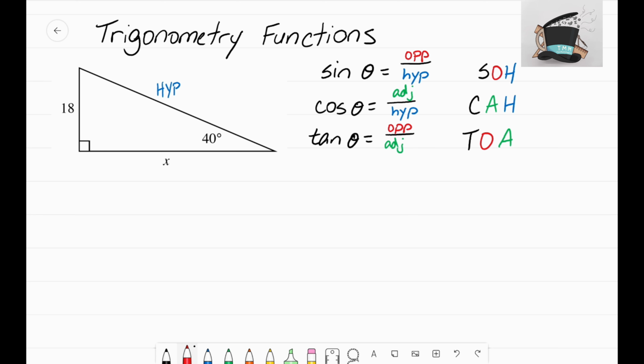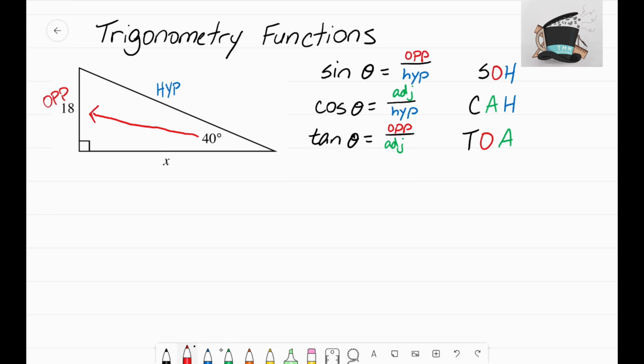So to find my opposite side, I always like to start where my reference angle is, and I draw a line that's going straight across to the opposite side. So that would make my 18 side, this side here, my opposite side. And the arrow is a really nice way to show that from my reference angle, this is my opposite side.